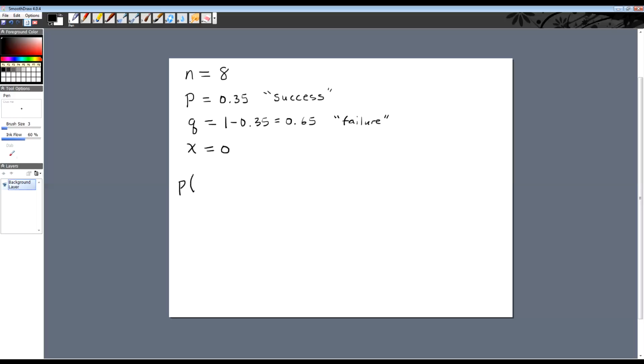So the probability of there being 0 undesirable side effects in a sample space of 8 is 8 choose 0 times the probability of success, which is 0.35, to the 0 power, the x power, times the probability of failure, 0.65, to the n minus x power, or 8th power.